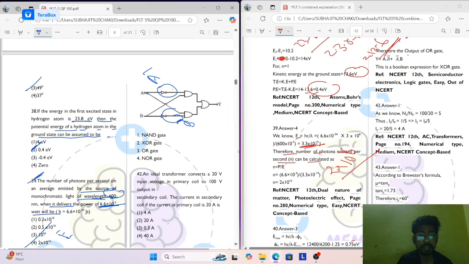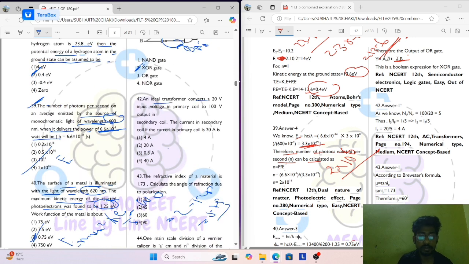Okay, so this will be A B bar, B A bar. So this will be A bar plus the reciprocal of these two. What will be the reciprocal of these two? This will be the output of the XOR gate. So this is nothing but an XOR gate.